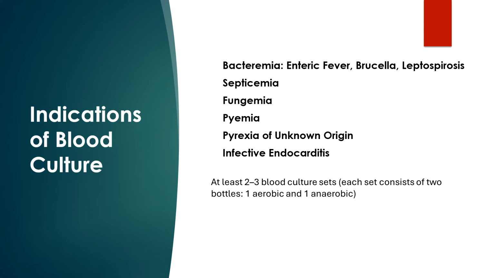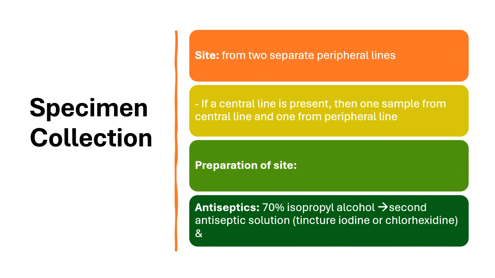Remember, whenever we take a blood culture, it is a pair. One pair includes two bottles, one aerobic bottle and another anaerobic bottle. Ideally, two sets are collected, that means 4 bottles, with each pair drawn from a different site.